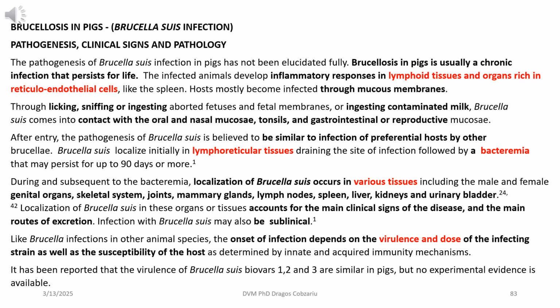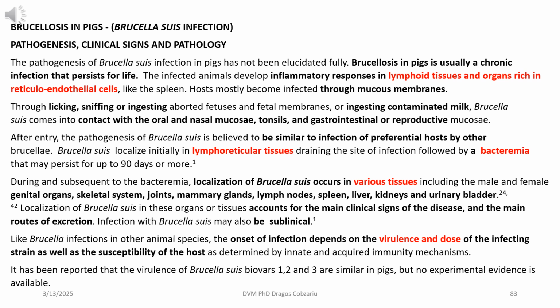During and subsequent to the bacteremia, localization of Brucella suis occurs in various tissues including the male and female genital organs, skeletal system, joints, mammary glands, lymph nodes, spleen, liver, kidneys, and urinary bladder. Localization of Brucella suis in these organs or tissues accounts for the main clinical signs of the disease, and the main routes of excretion. Infection with Brucella suis may also be subclinical.